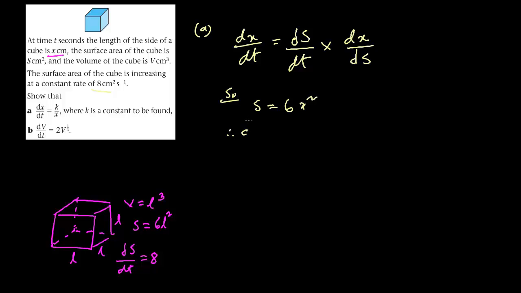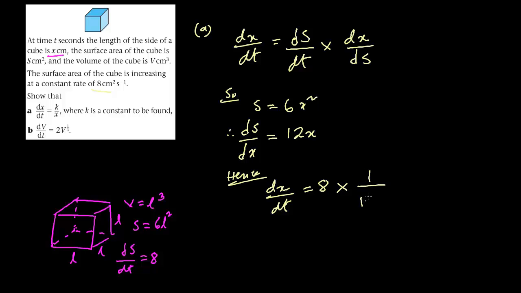So the derivative would be dS/dx equals 12x. That is the derivative. Now we don't know the value of x, so we are going to have the expression, hence dx/dt equals, now dS/dt is 8, so 8 times, now dx/dS is the reciprocal of dS/dx, so this would be 1/(12x).